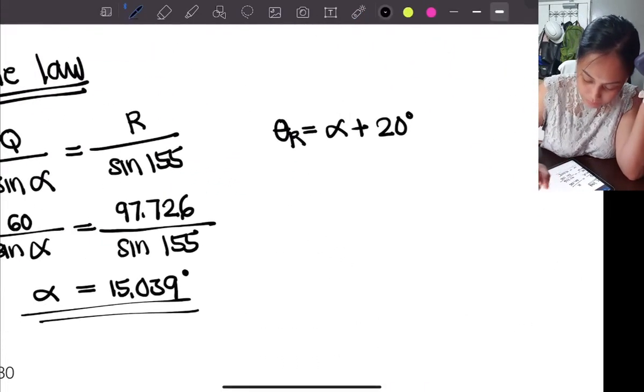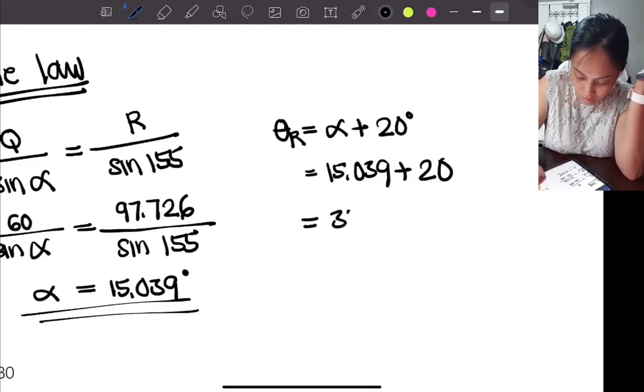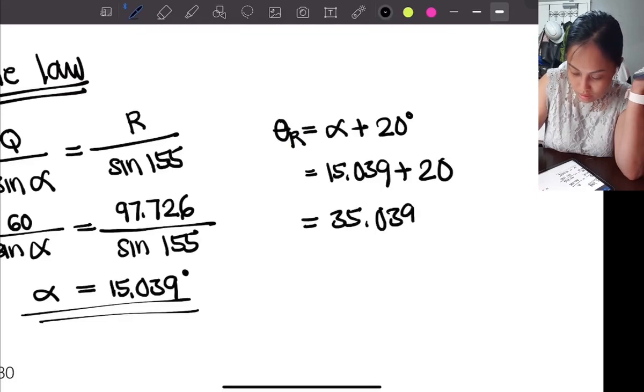So 15.039 plus 20 equals 35.039 degrees.